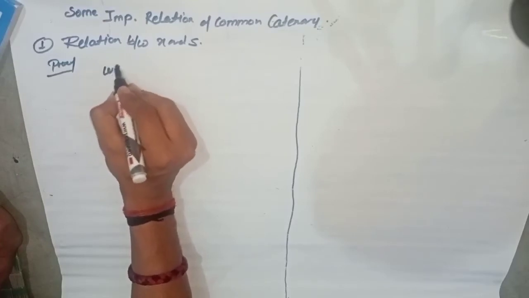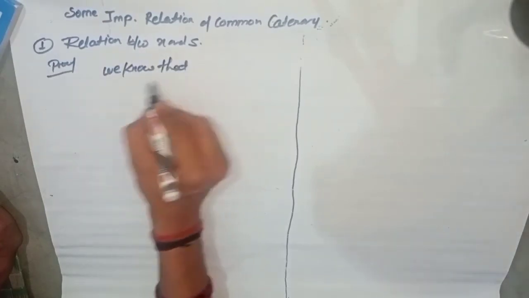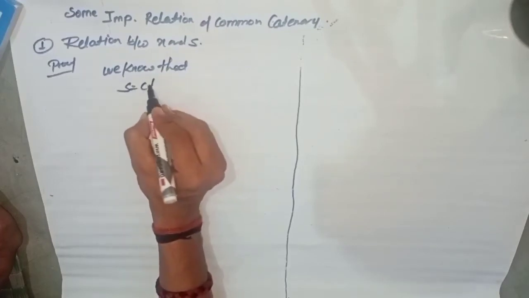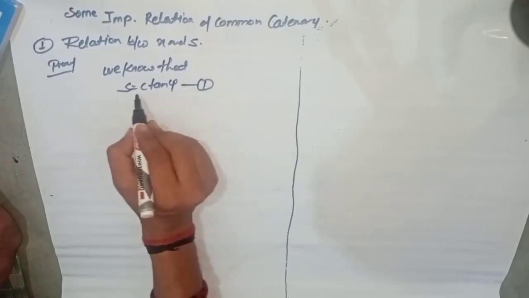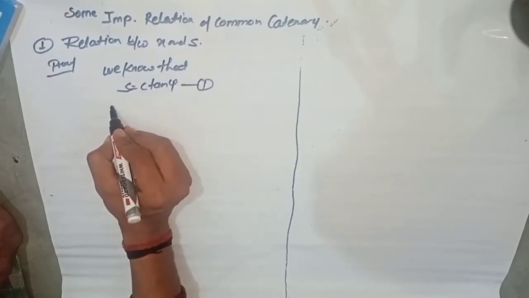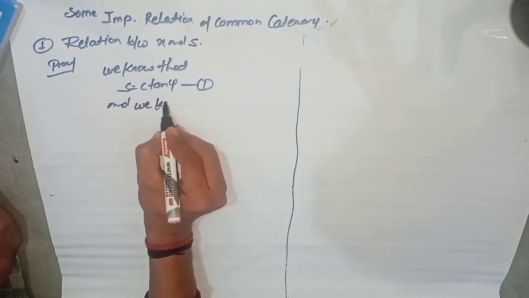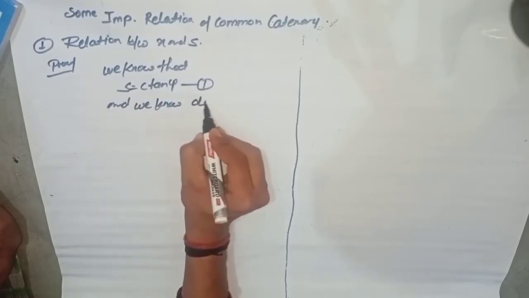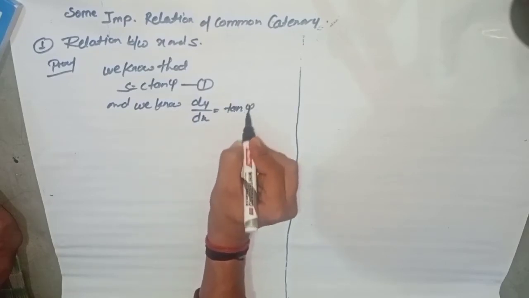We know that s equals c tan psi. This is equation 1, from the proof of the intrinsic equation of the common catenary. Also we know dy/dx equals tan psi.